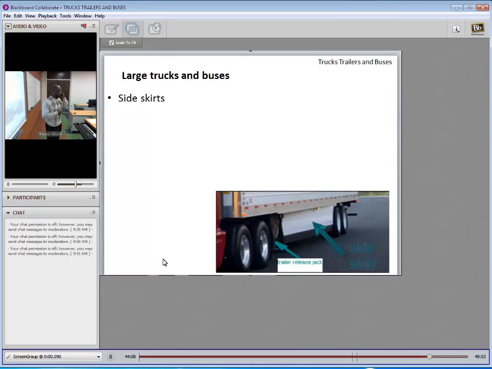One of the things that's also getting a lot of attention is the introduction of side skirts. Here's a side skirt on this vehicle.